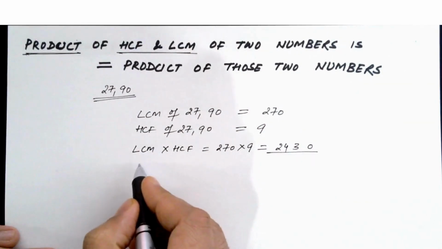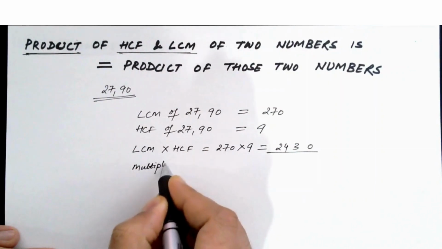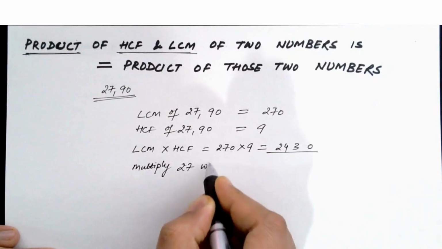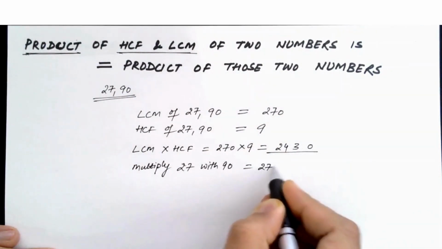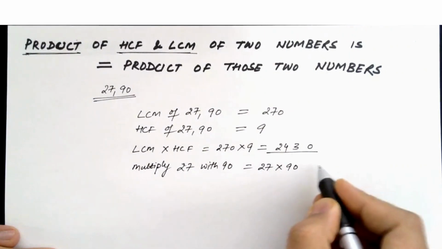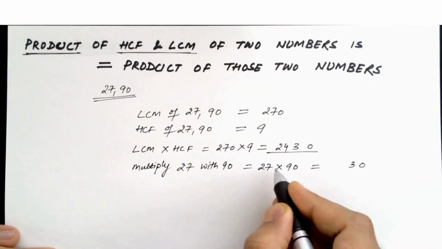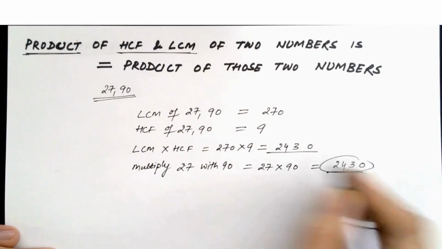And if you multiply the numbers, 27 into 90, you see this number is the same as this.